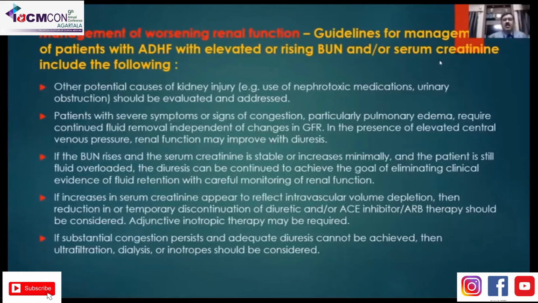Especially, one can do a bedside echocardiogram to look at the E by E prime ratio on the echo Doppler, or look at the IVC diameter and its response to a sniff, as we say, to find out the central venous pressure. And these patients with persistently raised central venous pressure can still benefit from diuresis even if the BUN is rising, but the creatinine is more or less normal or increased minimally.